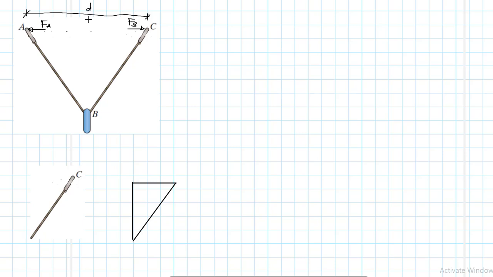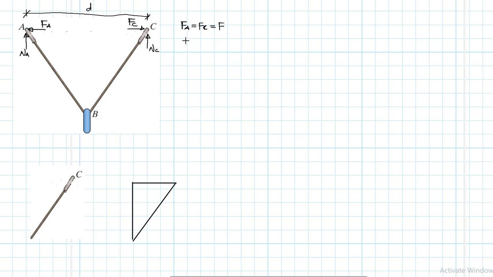Because of symmetry, we expect Fa to be equal to FC, sorry, this is FC here, which is just going to be equal to F. And then we expect another force, a normal force here at this point, we are calling NA, and on the other side we are calling NC.